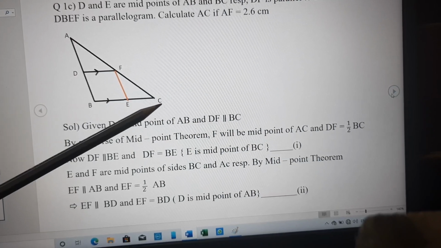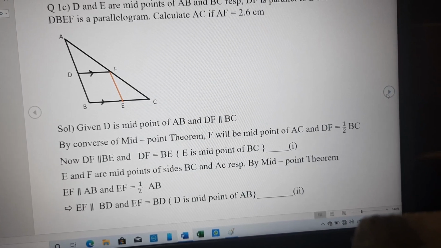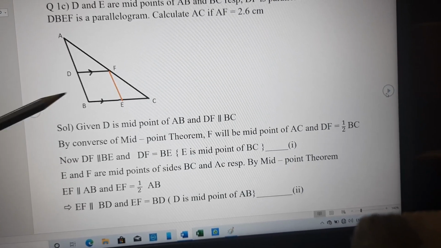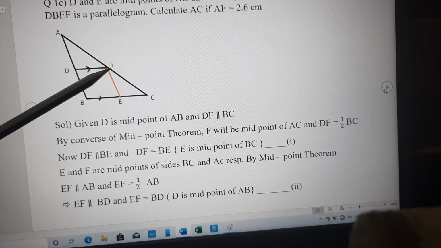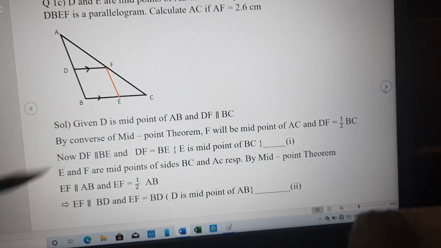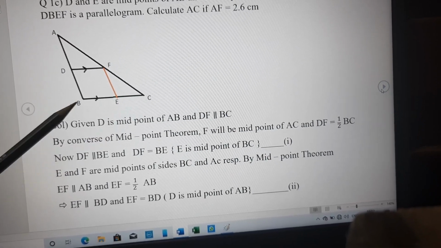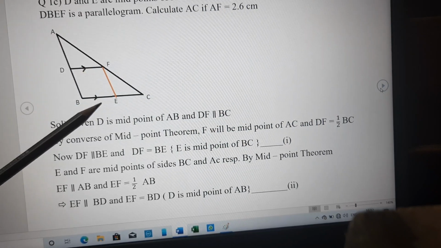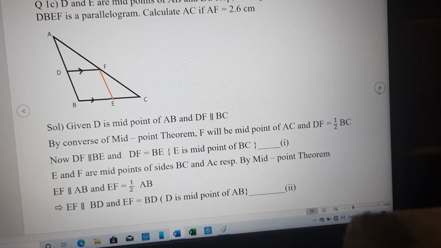So half BC is equal to BE. So DF is equal to BE and DF was parallel to the complete line segment BC. We can write it as DF is parallel to BE. Clear? Either we take the complete line segment BC or we take a portion of it, they will be parallel to each other. Fine. Now, one pair we have shown.